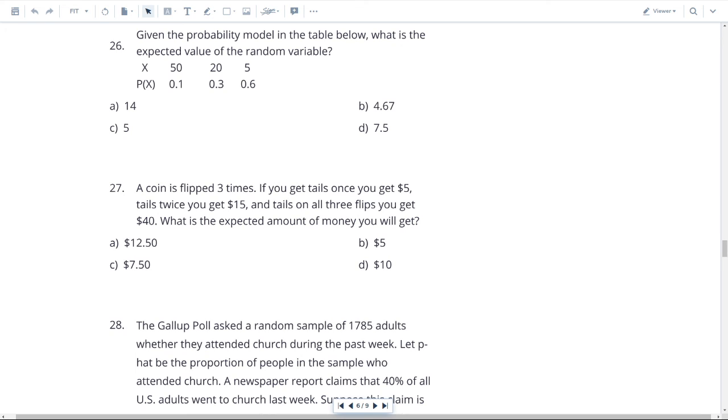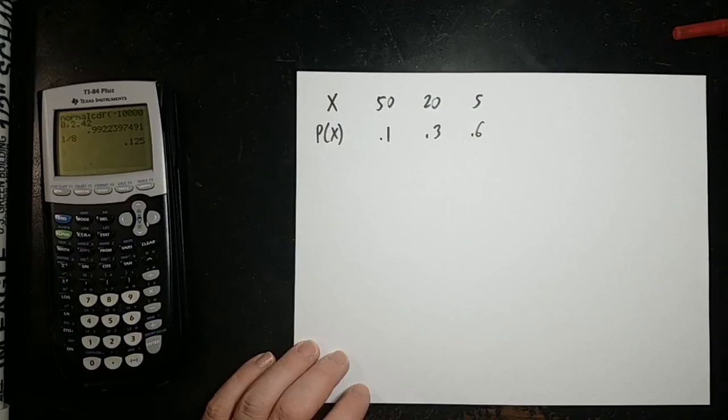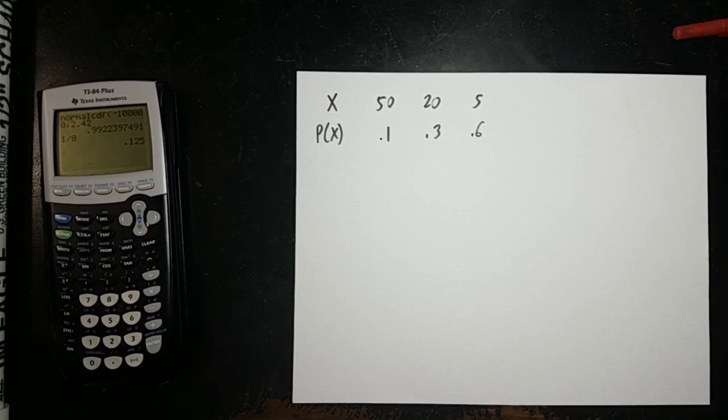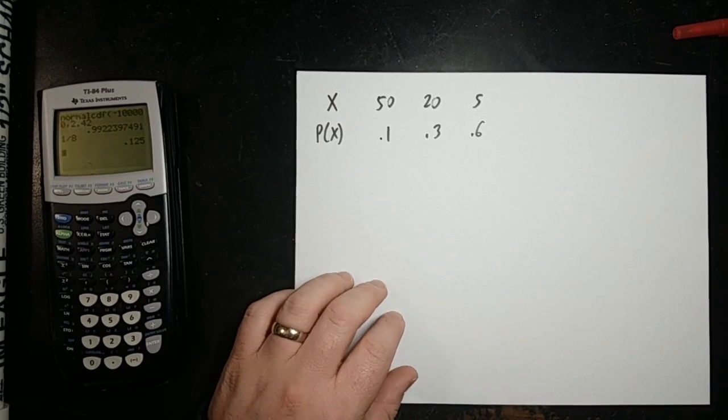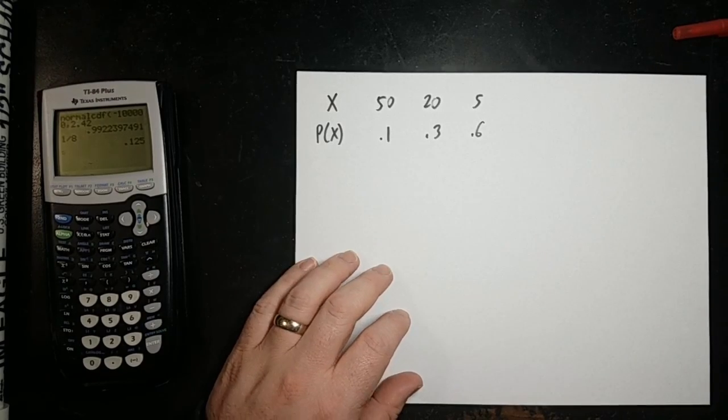Well, I'm going to be writing down some of this information on my piece of paper, and then I'm going to be switching to the top-down model. Looks like there is a 10% chance of a result of 50, a 30% chance of a result of 20, and a 60% chance of a result of 5.